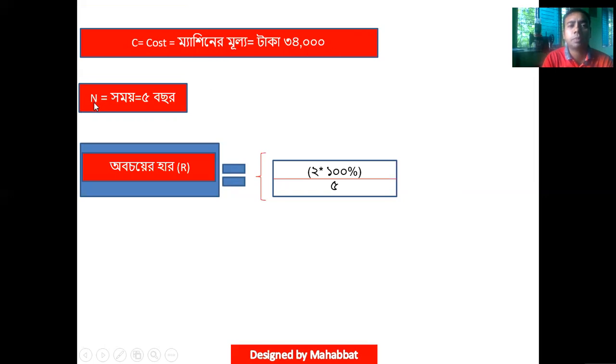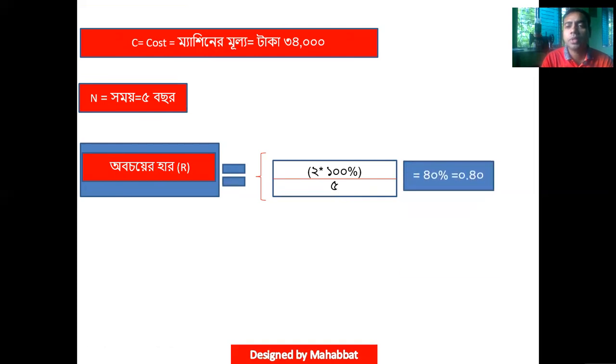N means number of years, that means time, 5 years, and the rate of depreciation for double declining balancing method is 2 into 100% divided by estimated useful service life, 5 years.